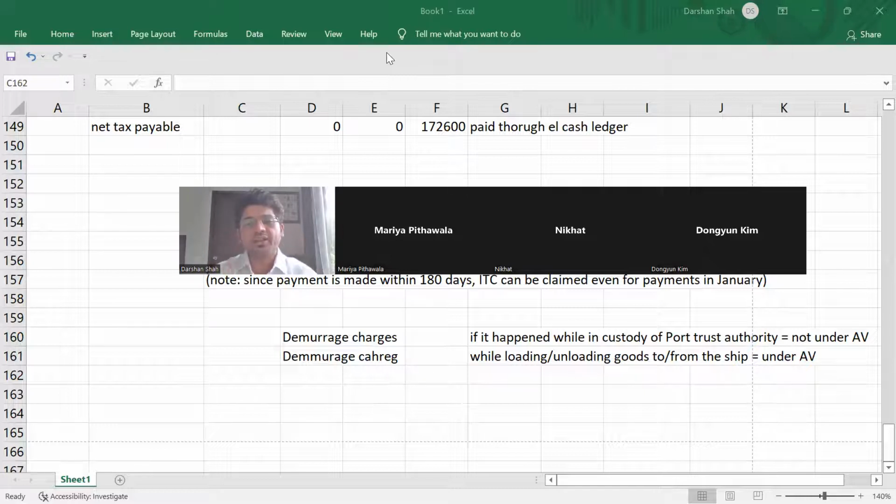If it has happened while in the custody of Port Trust Authority, not under assessable value. So if it is under assessable value, then we have to reduce it after getting to the basic FOB. Everything will be adjusted under basic FOB.